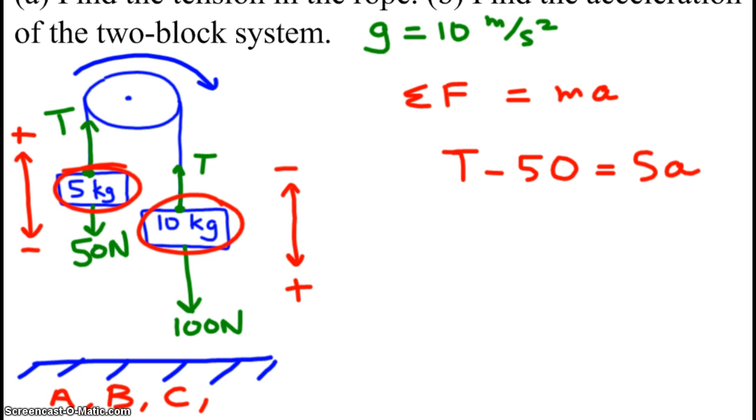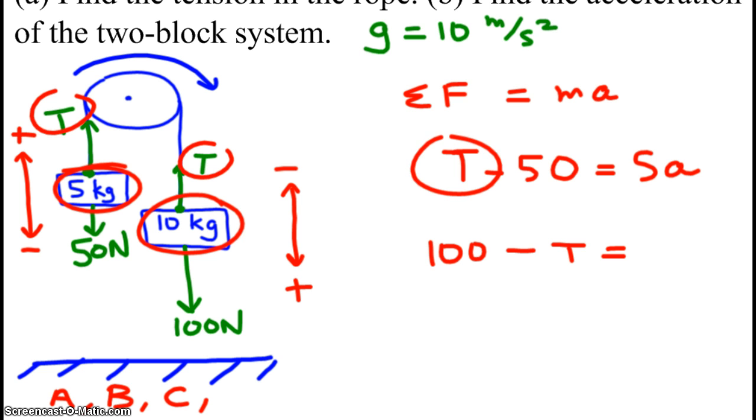We do the same thing for the other block. Add up its forces and plug them into the left side of the equation. The forces on this one are the positive downward 100 newtons, and then the negative upward tension, minus T. Of course, the two T values are equal because of our ideal rope.